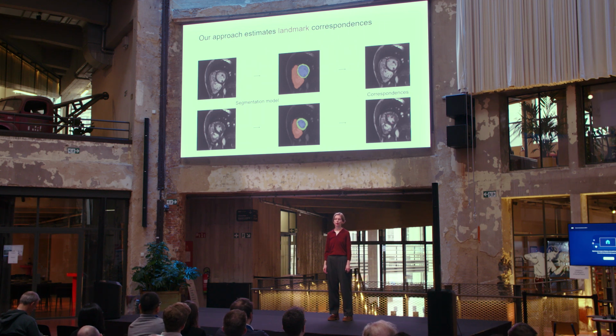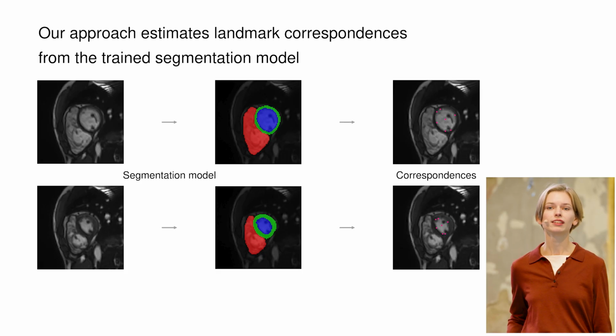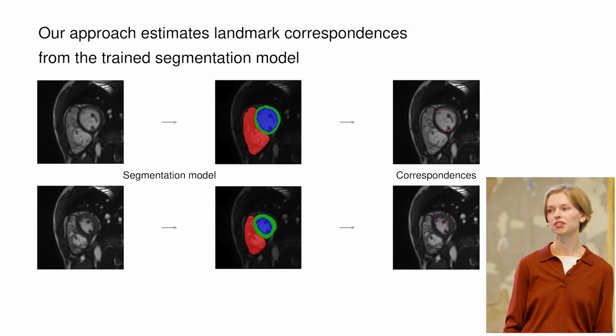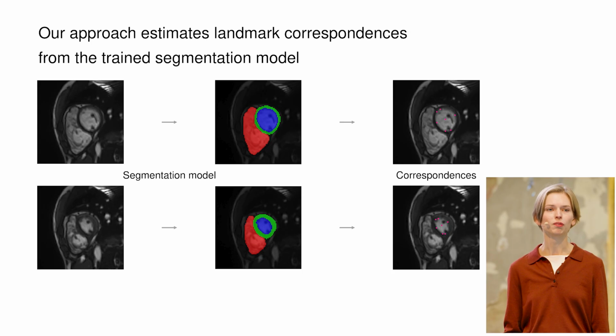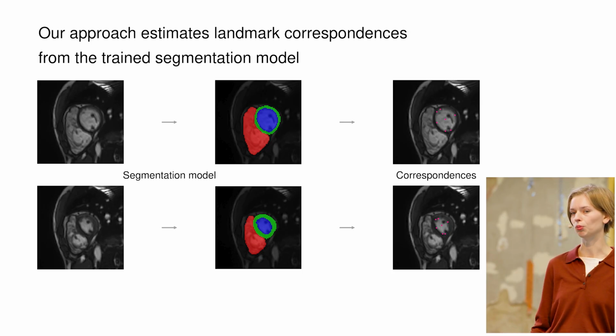How do we do this? Well, we reason that segmenting an image and locating specific points on it are actually closely related problems. And therefore, we argue that the segmentation model has already learned relevant information for this problem as well.